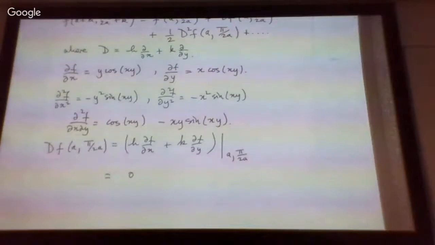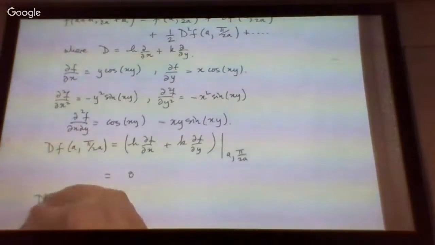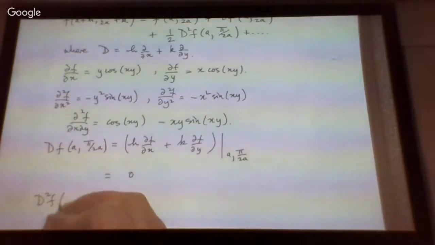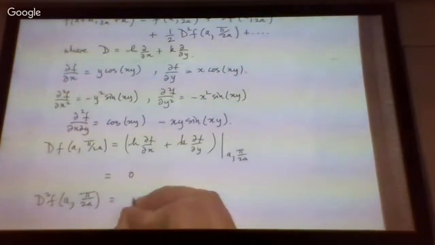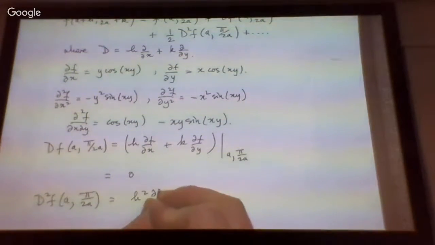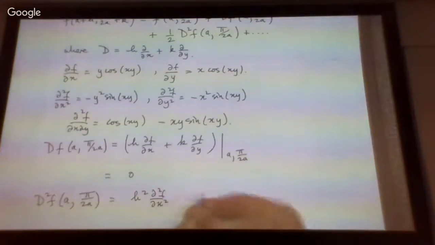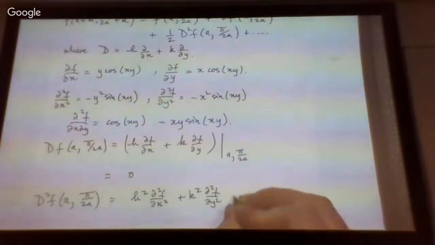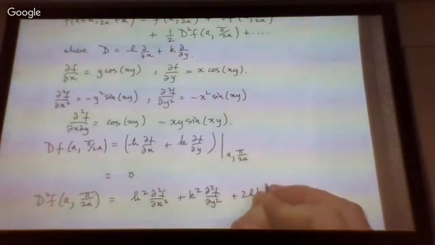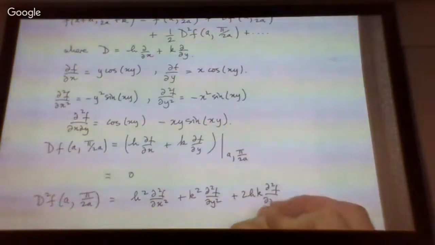So d²f evaluated at (a, π/2a). This is h² d²f/dx² plus k² d²f/dy² plus 2hk d²f/dxdy.